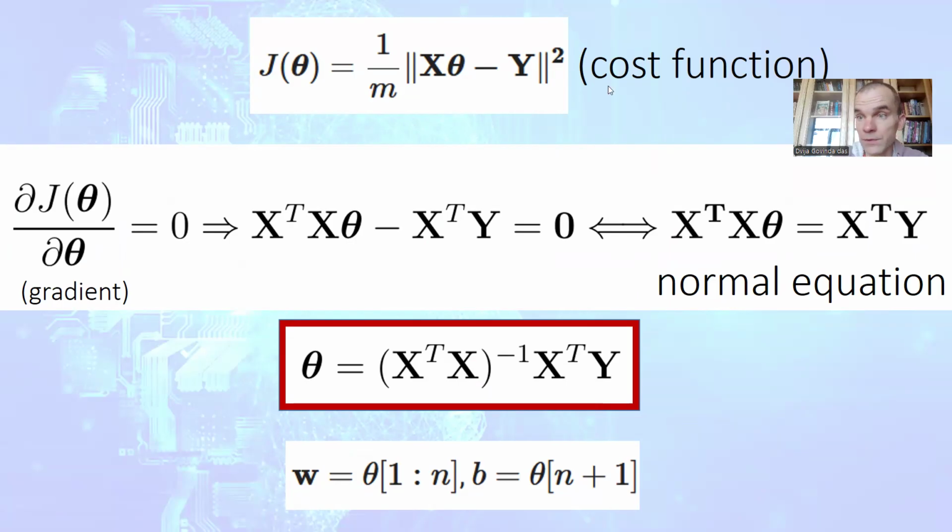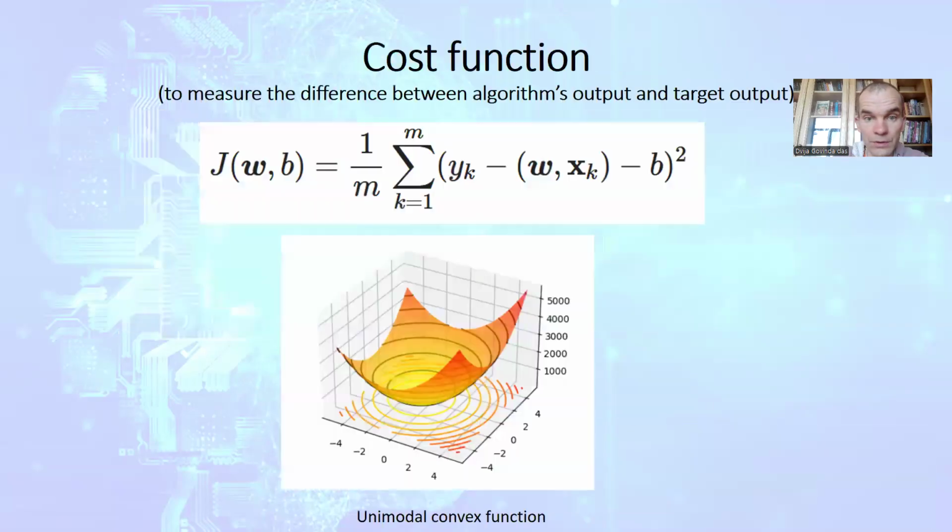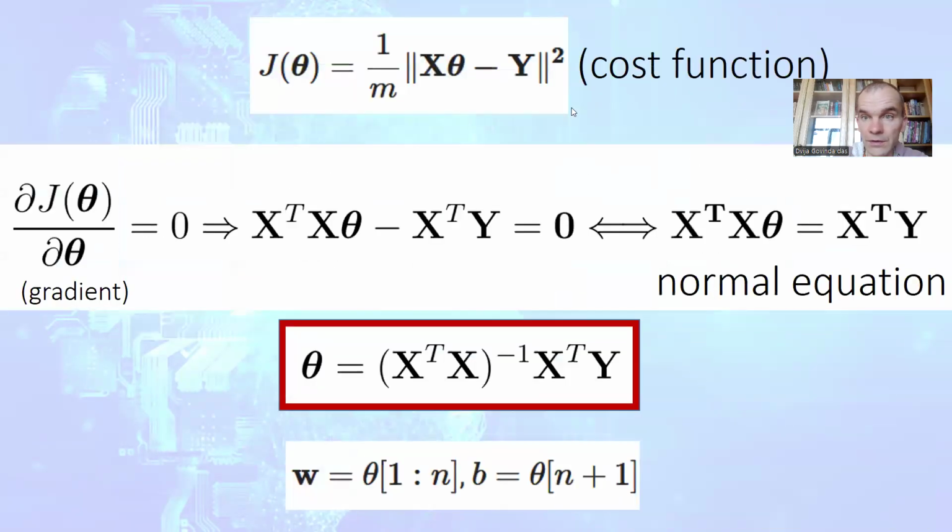This is the same cost function as was shown on the previous slide, just written in another mathematically equivalent way. If we differentiate this cost function J by vector theta, in fact, we are calculating the gradient. It will be useful for us in the following to calculate gradient descent. So we set this derivative to 0.